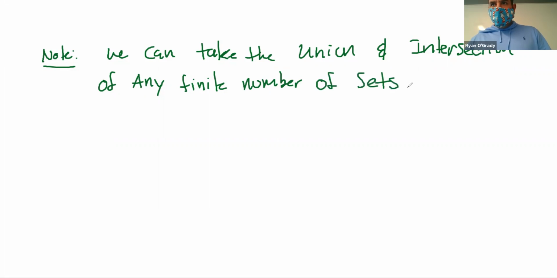Now this is going to look very, very scary to you amateurs, but here's what it looks like. So let's take the union. Suppose we have n. So the union a sub 1, a sub 2, a sub 3.